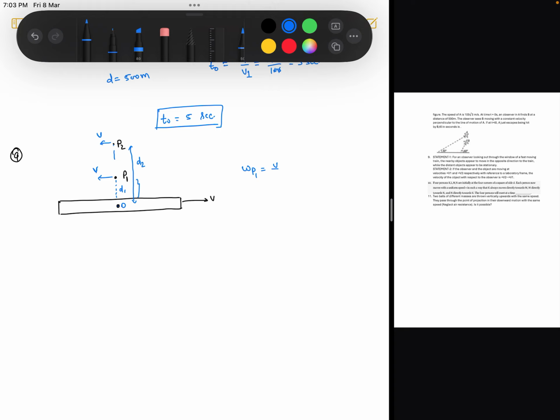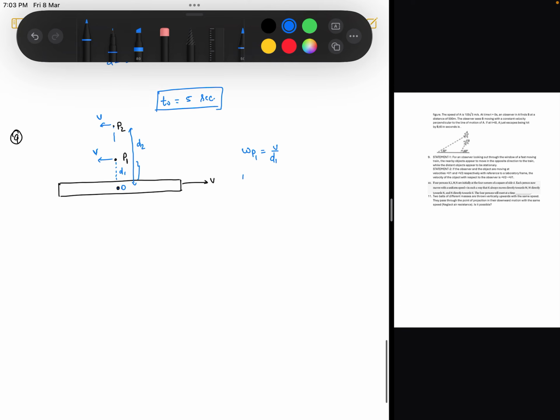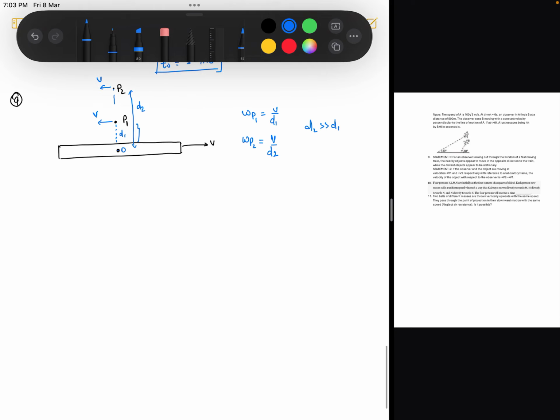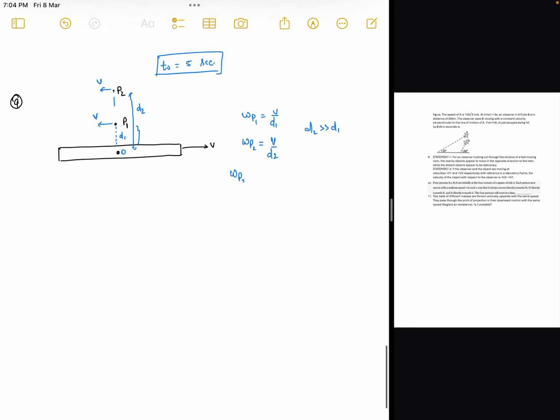This angular velocity is the velocity perpendicular to this radius line divided by the radial length. So this v perpendicular is v divided by d1. And similarly, angular velocity of this point P2 with reference to this observer is v divided by d2. Since d2 is very much greater than d1, we can say that omega of this pole P2 is very much less than omega of this pole P1.